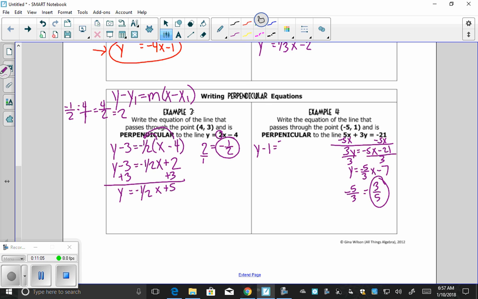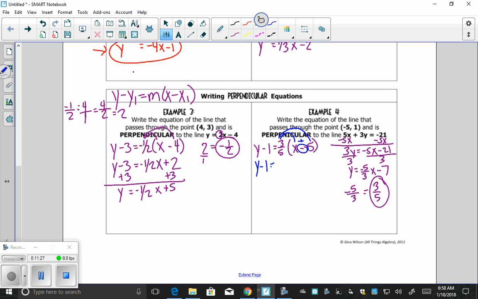Plug it into your formula. Two negatives become a positive. Distribute the 3/5.